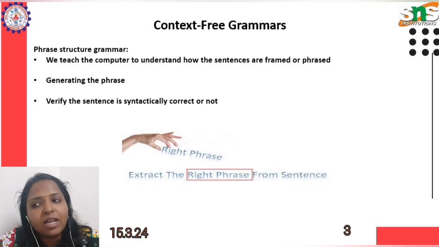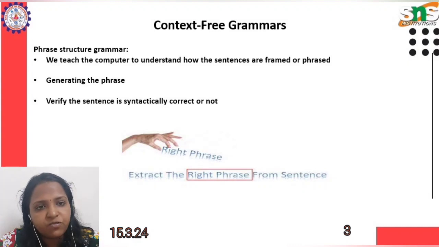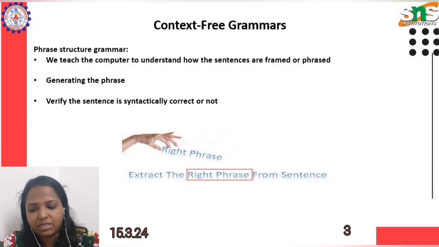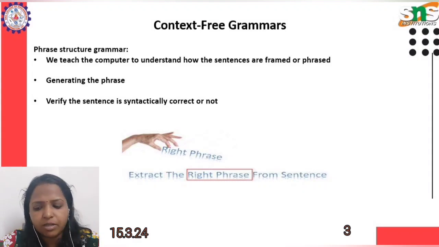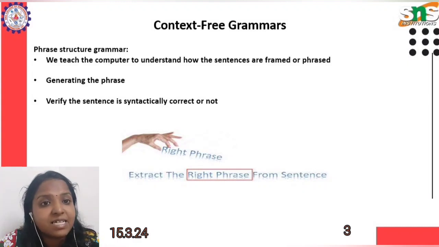These rules are given by context-free grammar. CFG is nothing but a set of rules that tells the computer how to put all the words together to make a sensible, meaningful sentence. It's a very fundamental concept, how to teach the computer to understand human language.